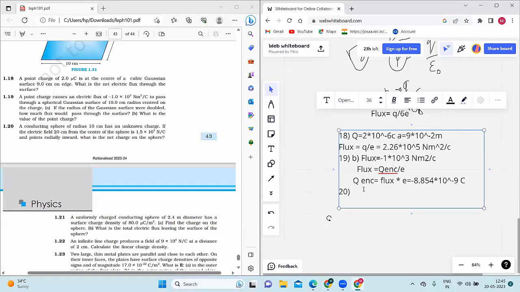As we know, the formula for electric field is equal to kq by r square. We have the value of electric field as 1.5 into 10 cube Newton per coulomb.